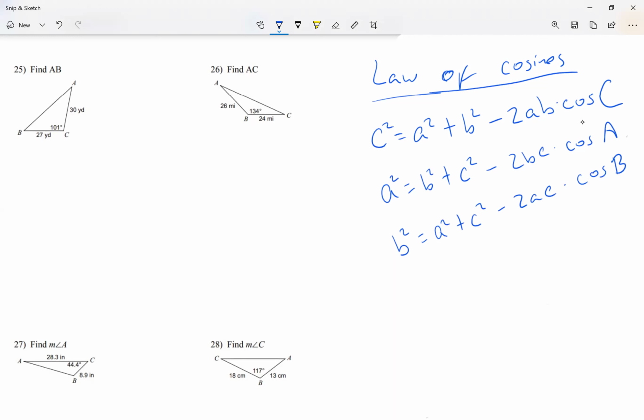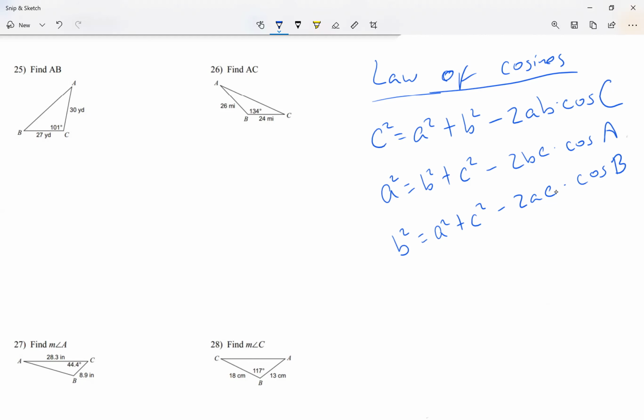It doesn't really matter which one we're solving for. We're going to use the letter of the angle that we have. If I give you angle C, we're using the first equation. If I give you angle A, we're using the second one. If I give you angle B, we're using the third one.